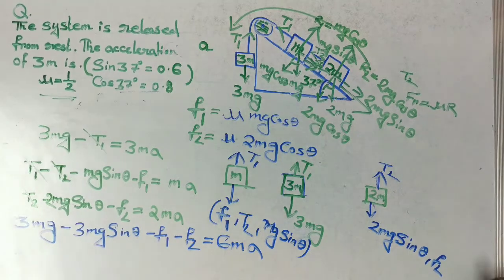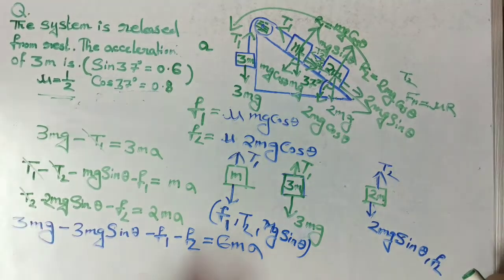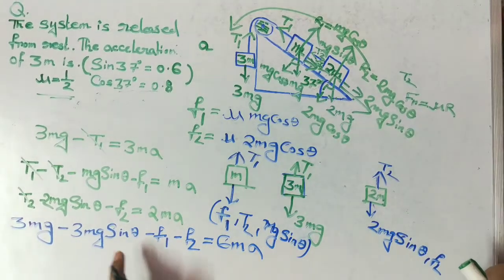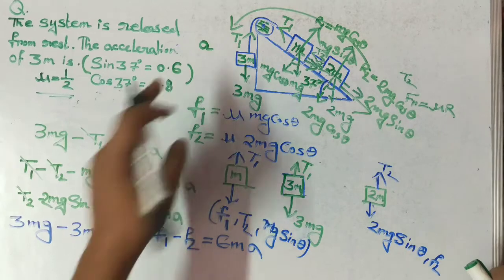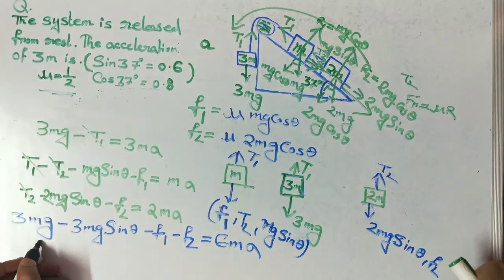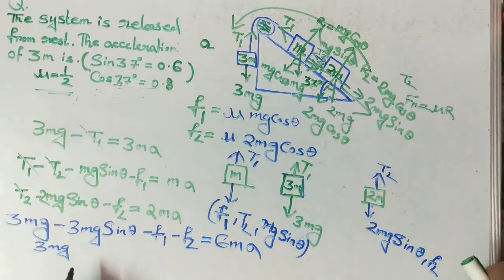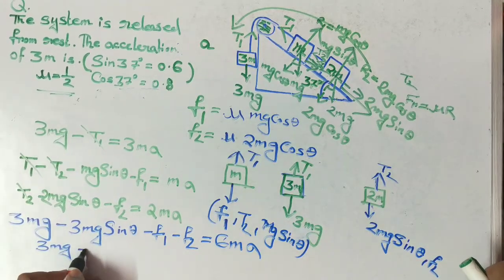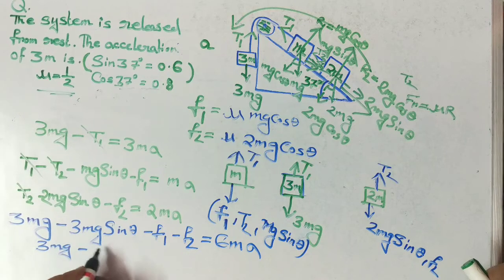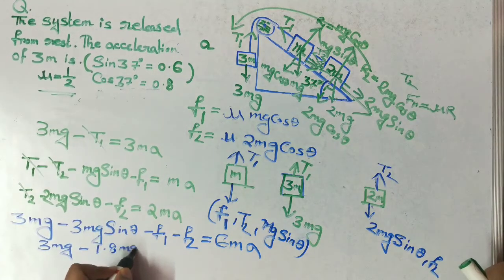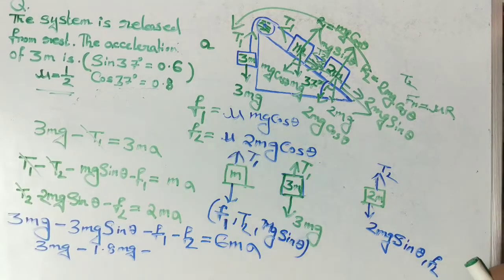Now we need to calculate a, right? Now sin theta equals what? Sin theta equals 0.6. So 3mg minus 3 times 0.6 means 1.8mg, and F1 will be what?